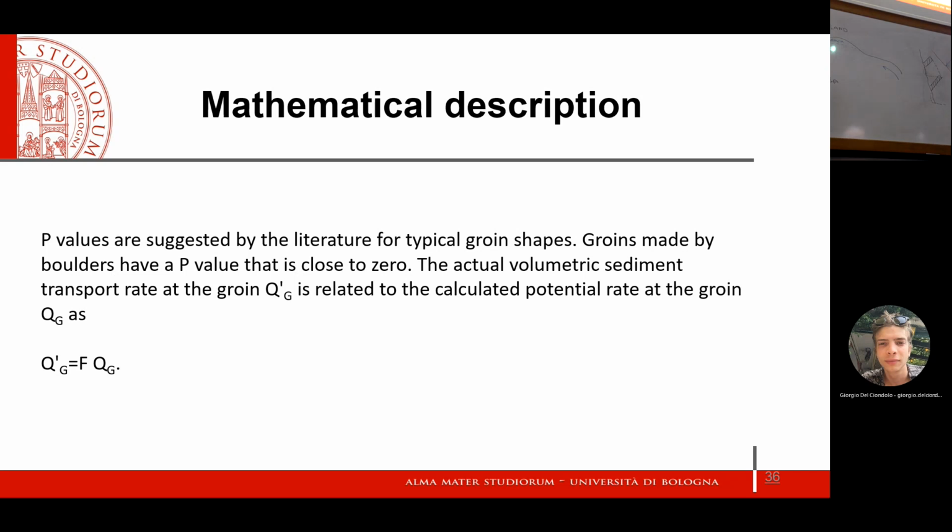The actual volumetric sediment transport rate at a groin is related to the potential rate with a simple formula. We multiply the fraction of sediment transported behind the groin by the potential sediment transport, and then we obtain an estimate of what is actually bypassed. Okay.